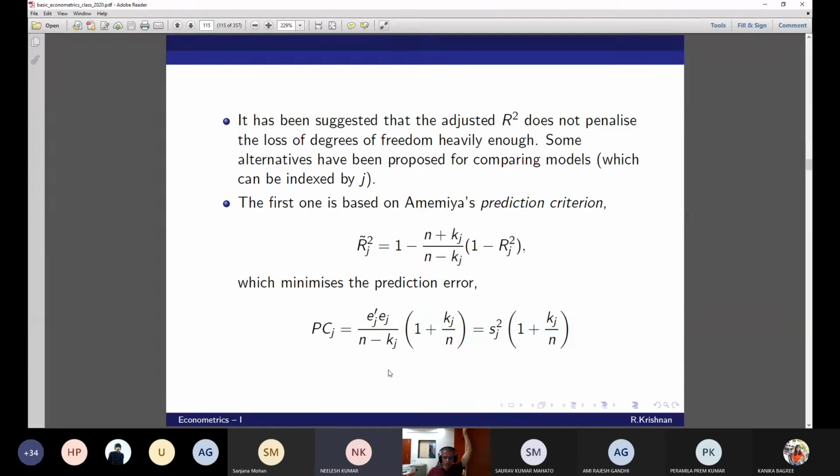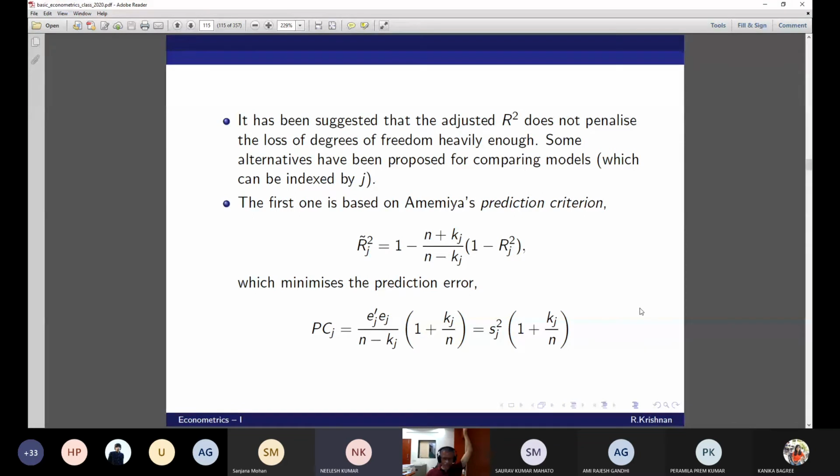Please repeat, sir, once again. Suppose you have originally a regression model with 5 independent variables. You'll have one R bar square, correct? You add the 6th variable, you can have another R bar square, am I right? But the addition of a variable must be penalized.